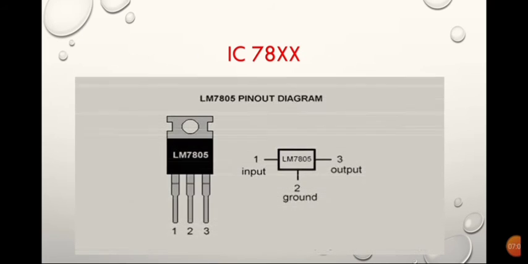So let us move towards the pinout diagram. This figure shows the pinout diagram for IC 78XX. So this is LM7805. This is the IC, known as an integrated circuit. See, it is very small. It is very compact, so it is easily used in circuit boards. You might know the motherboard, or you have video games.